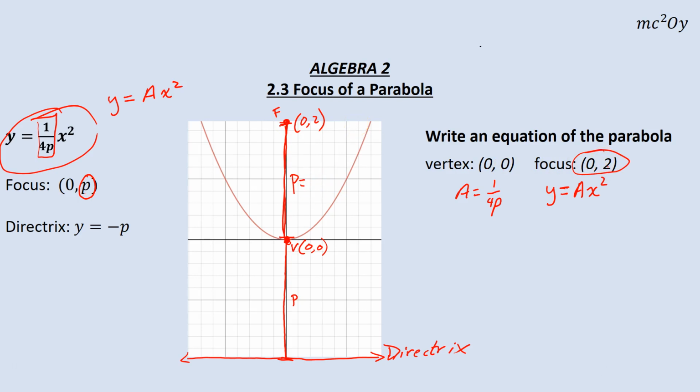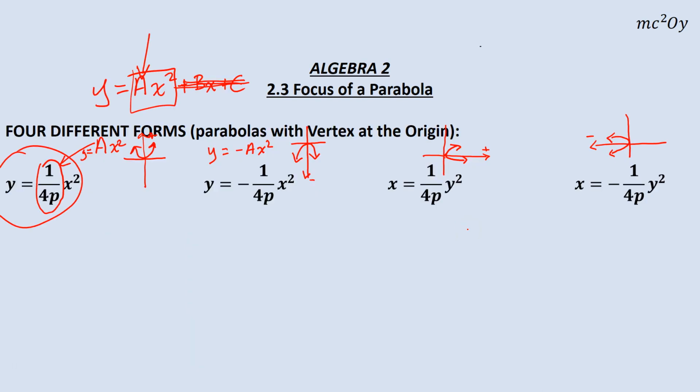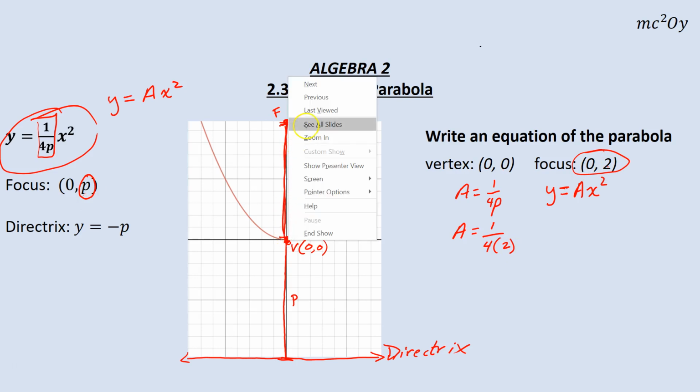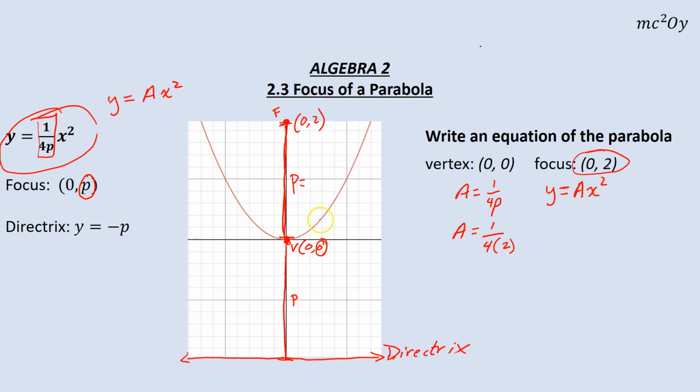And so when I want to find a, I'm going to say a is equal to 1 over 4 times 2, because p is 2. The length from 0 to 2 is 2.